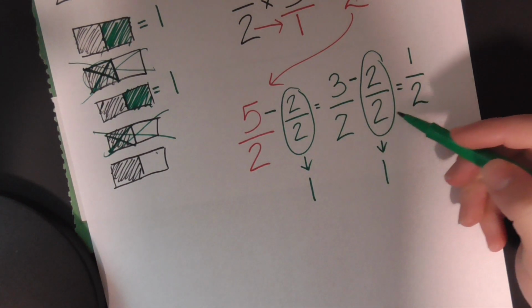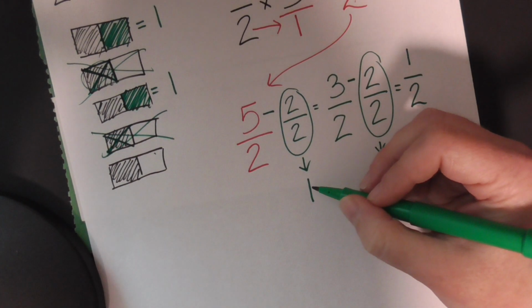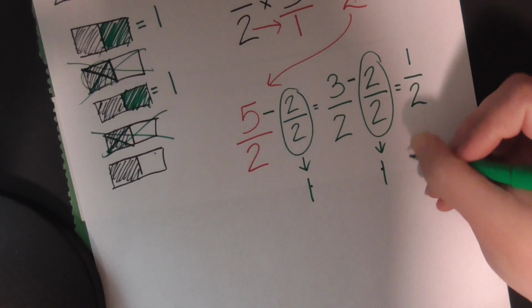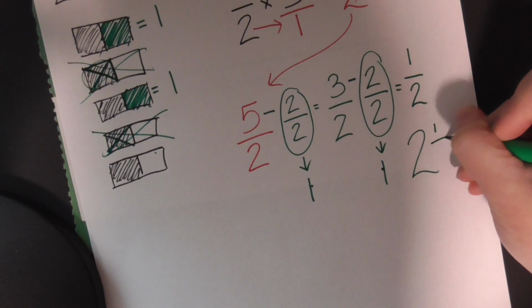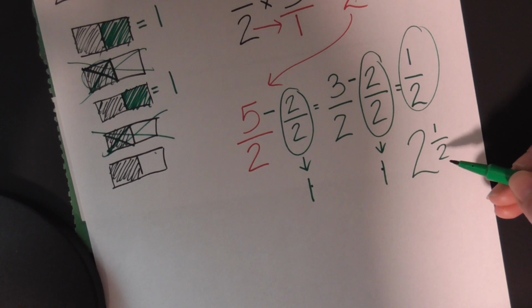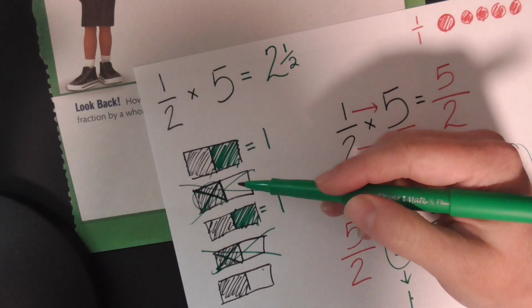It stays the same all the way across every time you do this. So now you can see that you have 2 wholes, and then we just add our 1/2 that's left over. So you get 2 and 1/2, the same as we did up here by using our model.